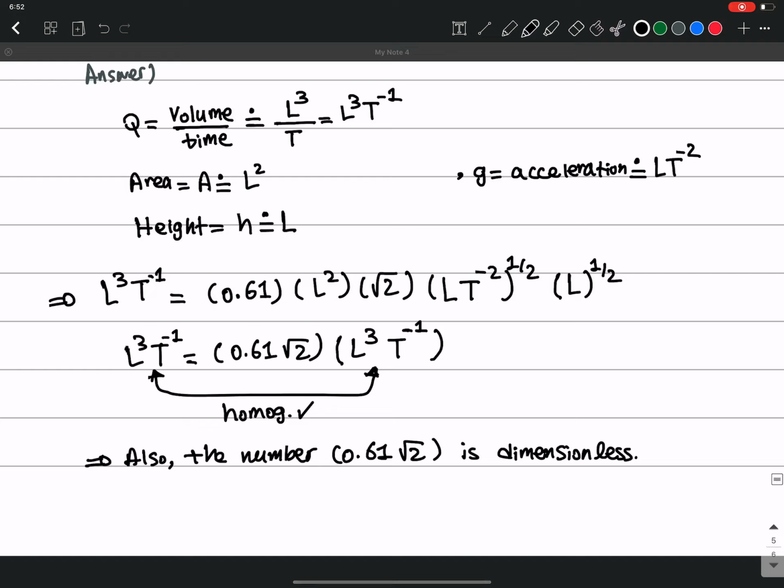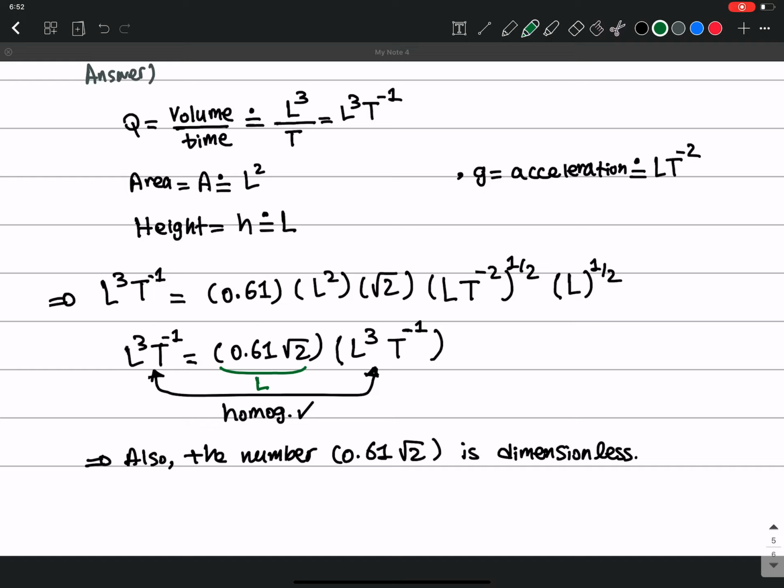If the number had a dimension, any dimension, then the dimensional homogeneity of this equation would become invalid. For example, I'm just saying an imaginary scenario: assume this one had a dimension of length.